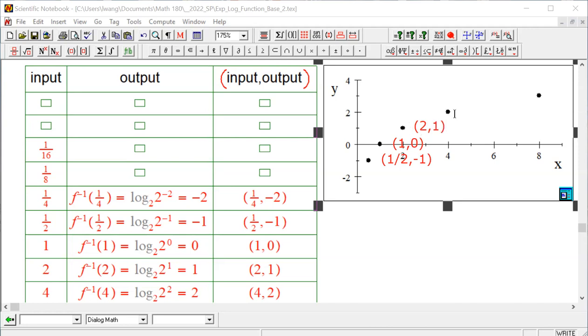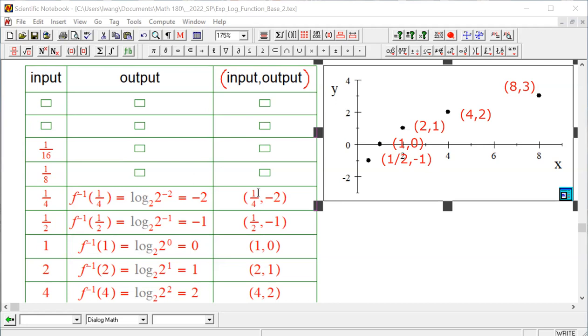Okay, input 4, output 2, input 8, output 3, right? You can see inputs are all positive. But when the input is smaller than 1, when input is half, the output is negative.